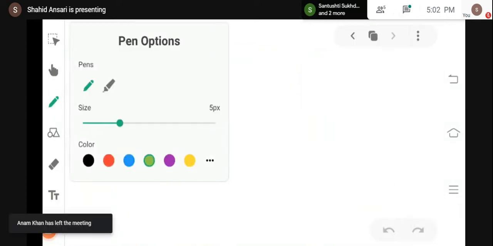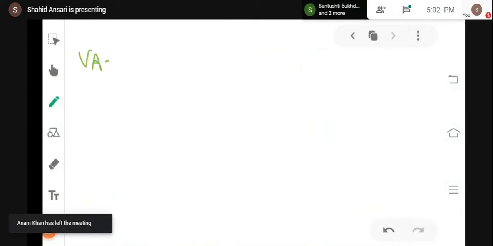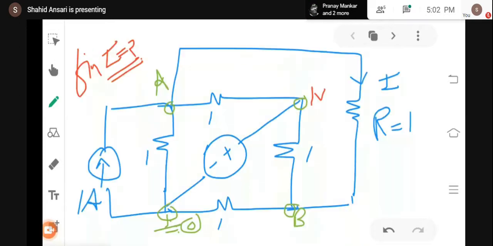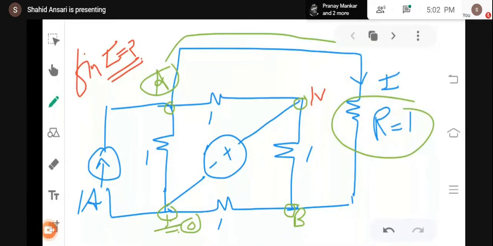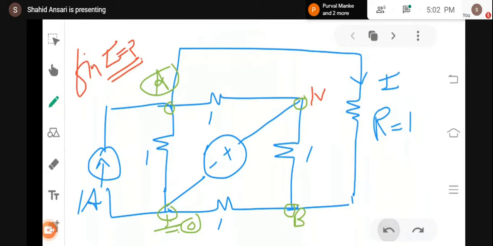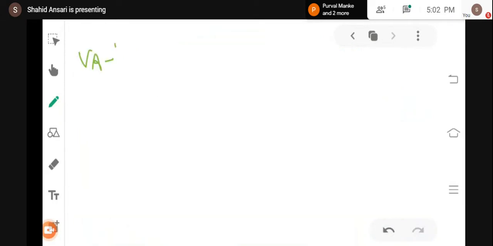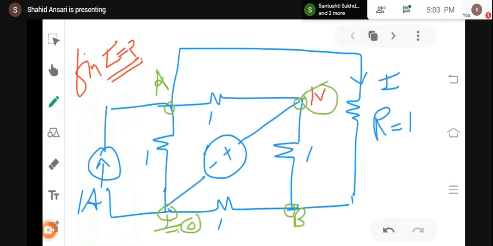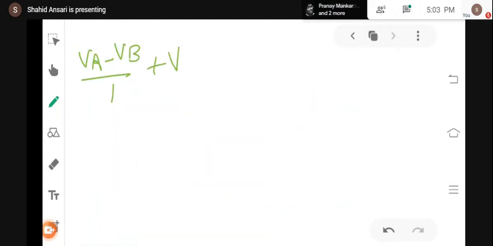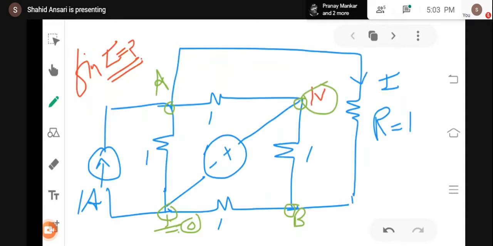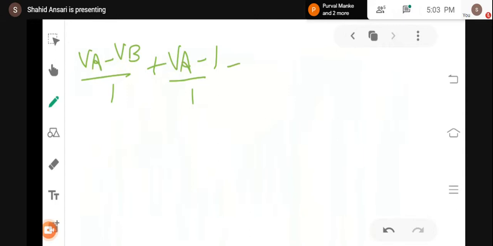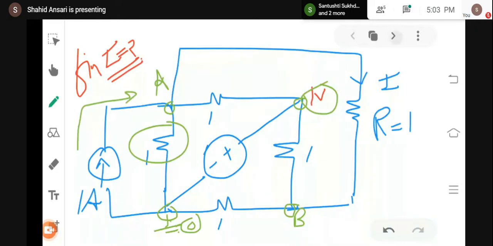Conventionally you can write it this way: VA minus VB divided by 1, then VA minus 1 divided by 1, and then for this VA minus 0 divided by 1. Then the current source going towards the node, minus.